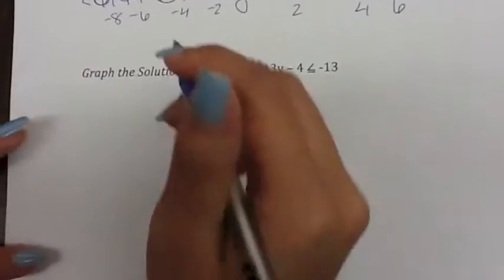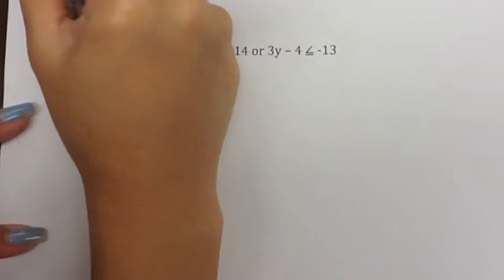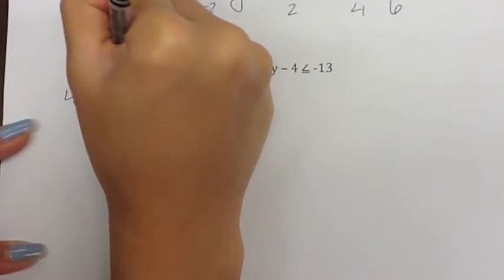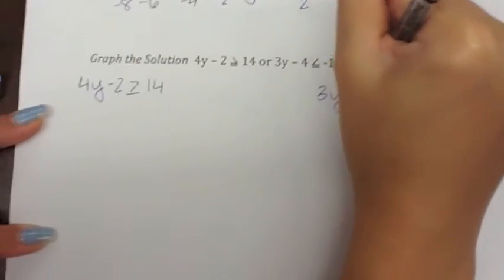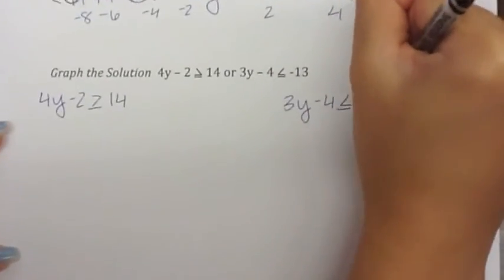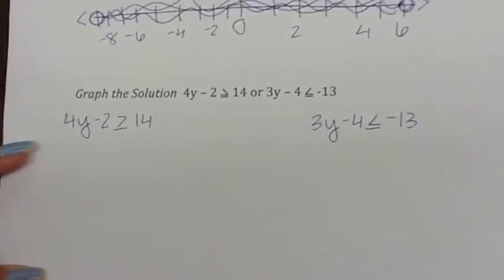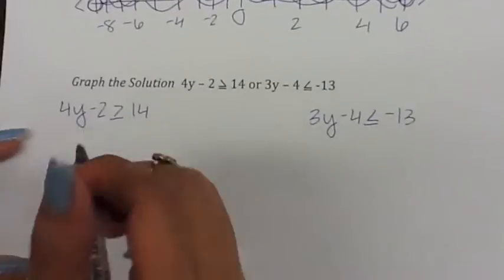4y minus 2 is greater than or equal to 14, or 3y minus 4 is less than or equal to 13. To begin, we have to write our problems again. And like we did again, we just want to get y by itself.